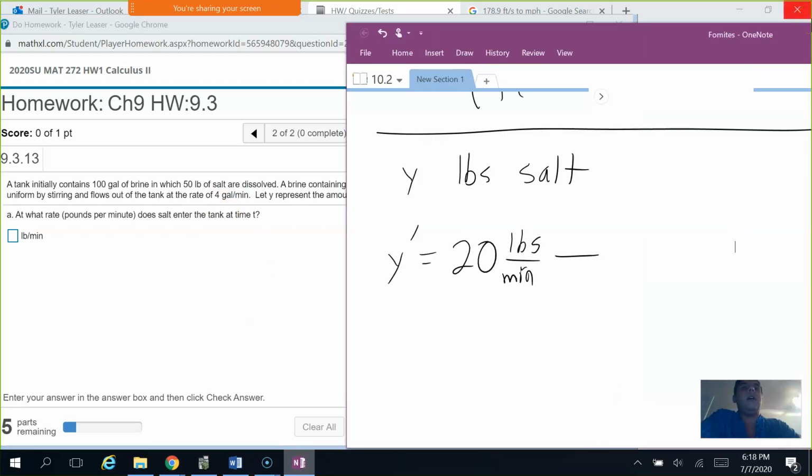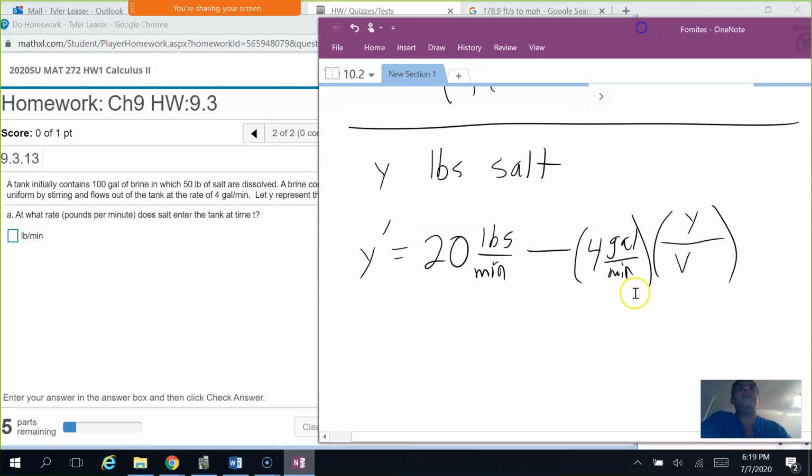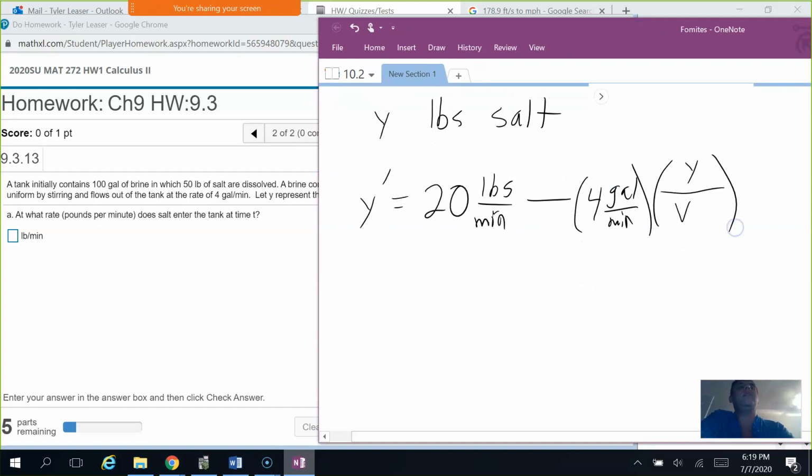What we do know is that the system is exiting 4 gallons per minute of liquid from the tank. That liquid has a concentration of the amount of pounds of salt at any given time, which is y, divided by the total volume of the system at any given time. That volume is almost always something we can figure out based on how many gallons are entering the system and how many gallons are leaving the system.